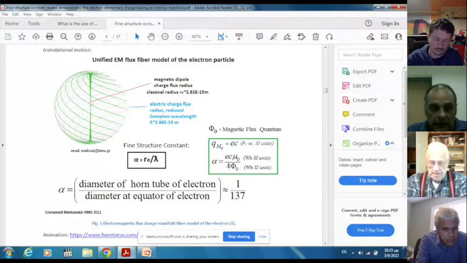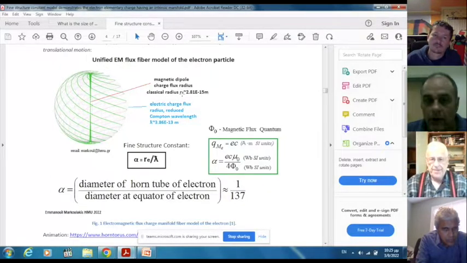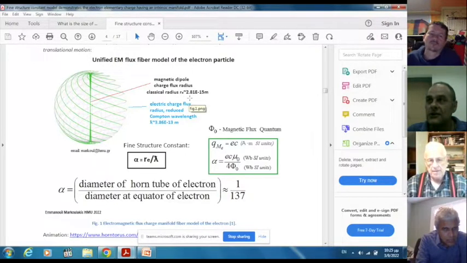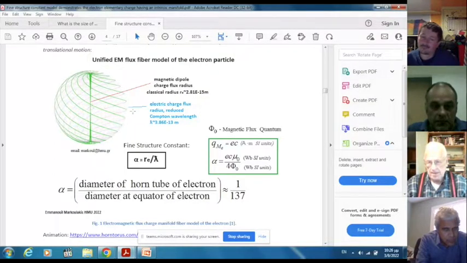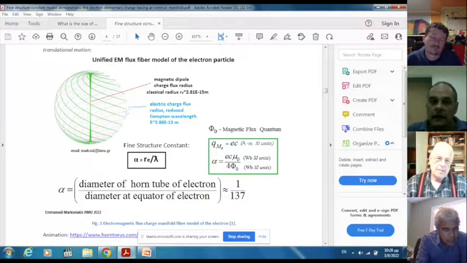Believe it or not, the diameter of this small tube came out exactly, not on the fourth or fifth decimal point, but at least at the first three decimal points, the classical radius. So the diameter of the horn tube is the classical radius, and from the center to the equator came out the reduced Compton wavelength.